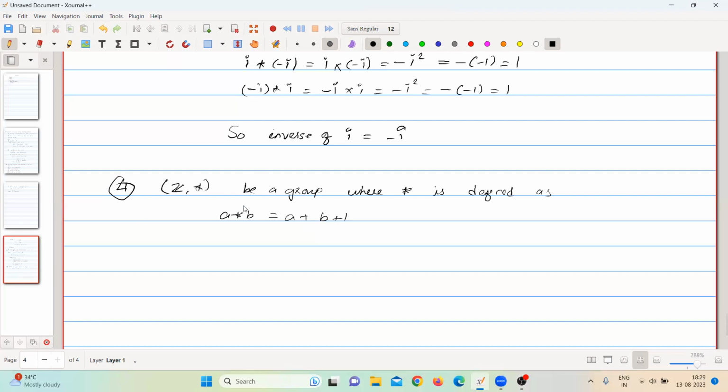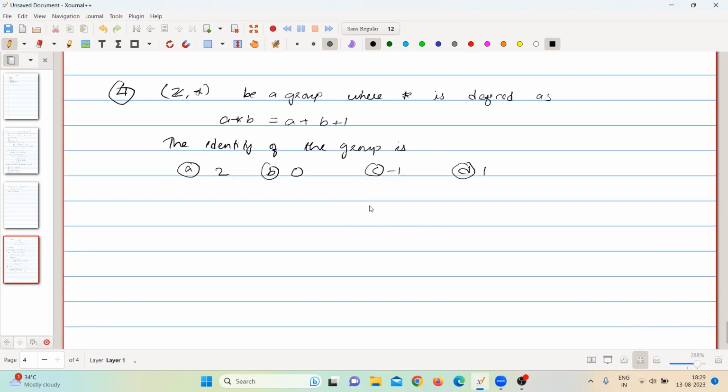So here the question is, the identity of the group is... options are given like this. So what is the identity of the group Z under the operation star? So you can just try very quickly.